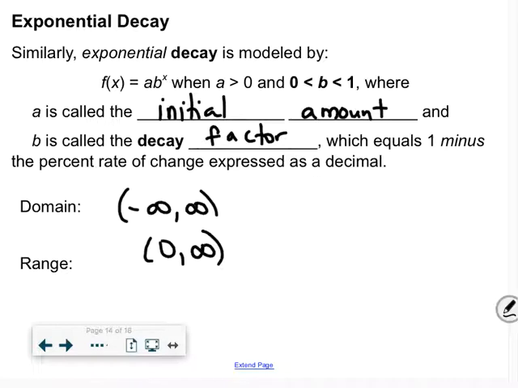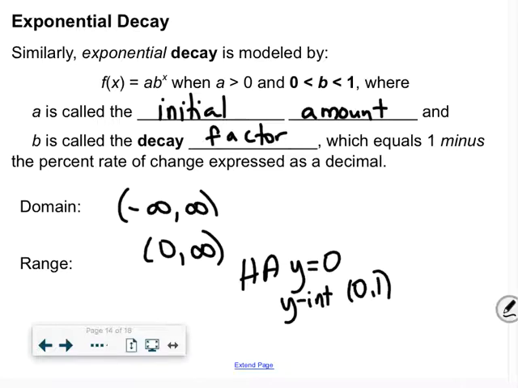The range is 0 to infinity. The horizontal asymptote is still y equals 0. And the y-intercept is 0, 1. But to graph these, you just make a table, negative 2 to 2, plug them in to get the outputs.